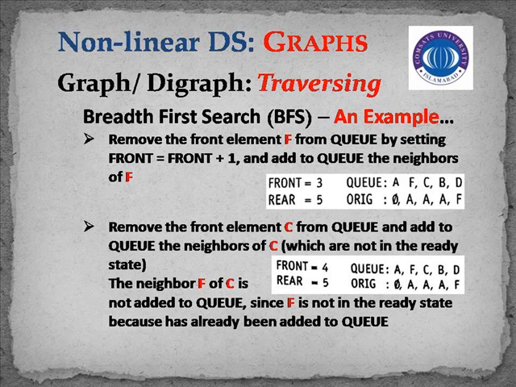The neighbor F of C is not added to the queue since F is not in the ready state because it has already been added to the queue.